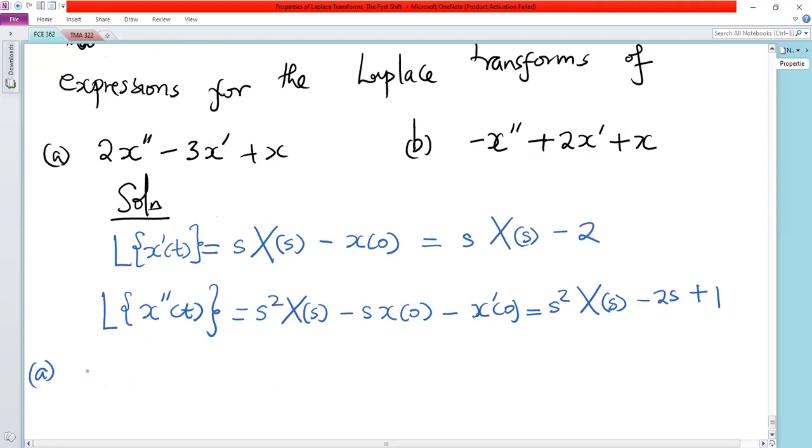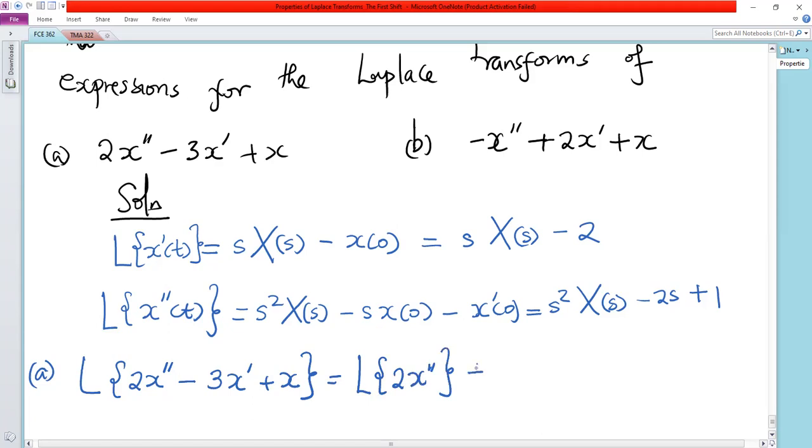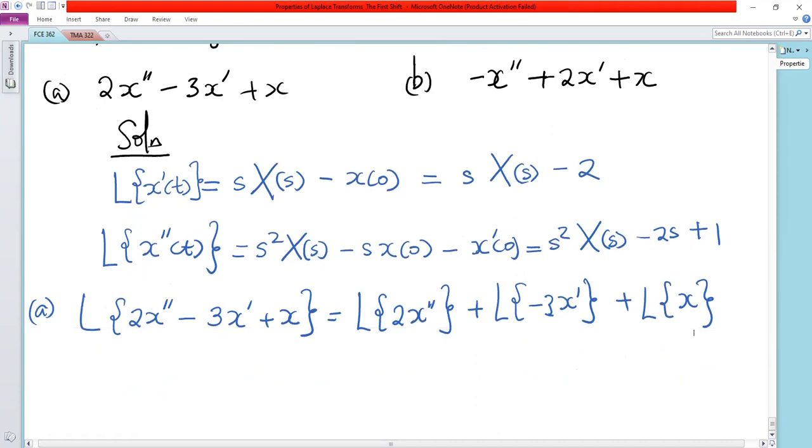So (a), the Laplace transform of 2 times the second derivative minus 3 times the first derivative plus x will be the Laplace transform of twice the second derivative plus the Laplace transform of minus 3 times the first derivative plus the Laplace transform of x, just applying the linearity property of the Laplace transform.